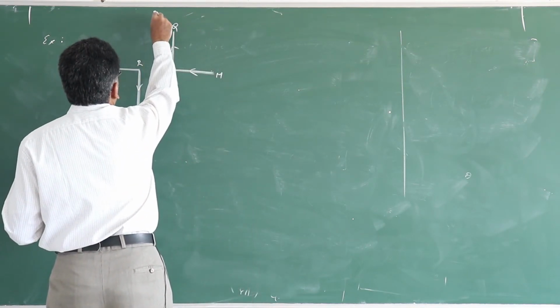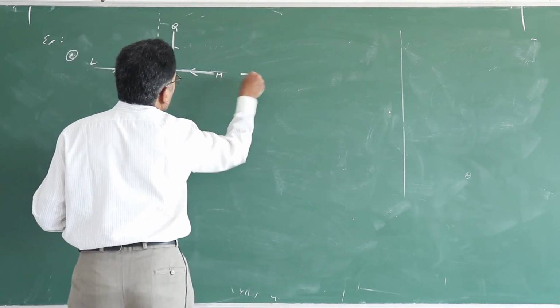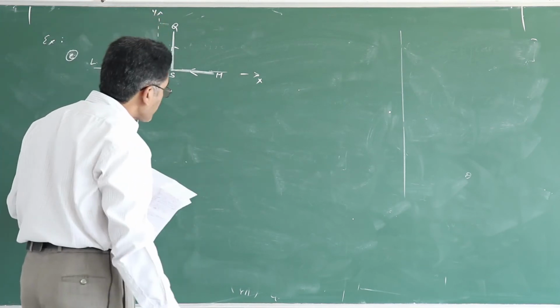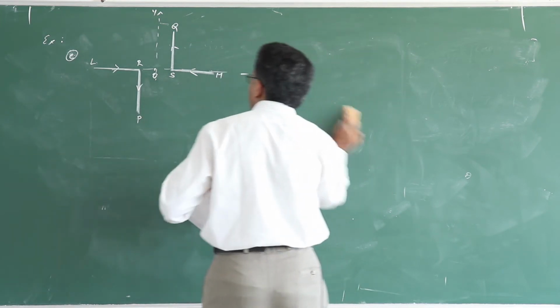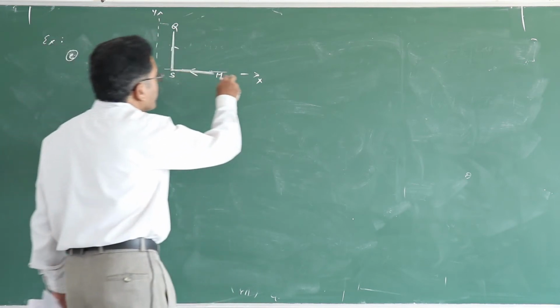See, this is along the x-axis. Here they ask you to find out what is the net magnetic field at O.